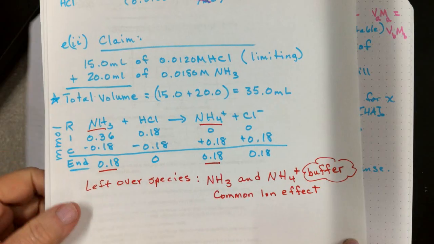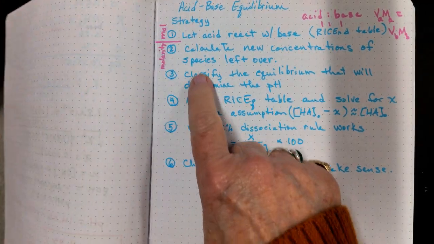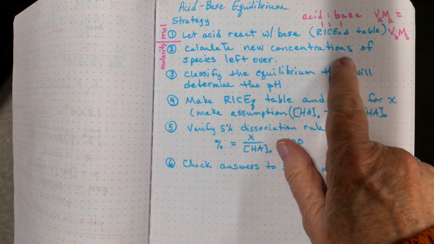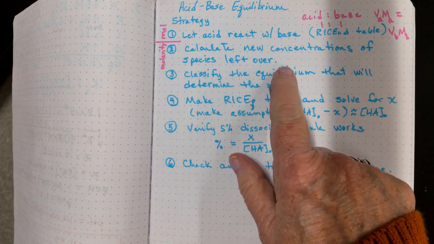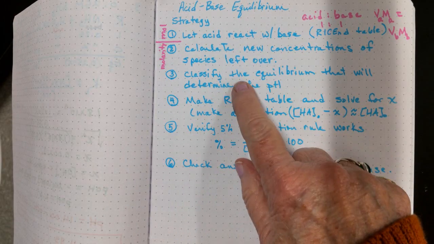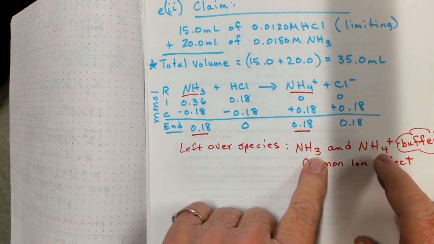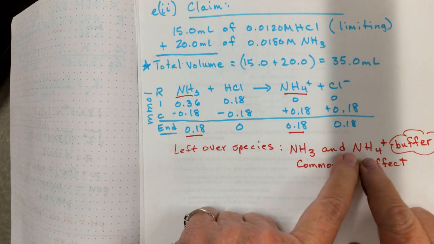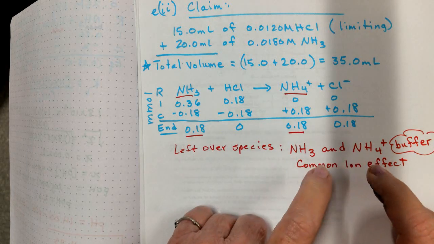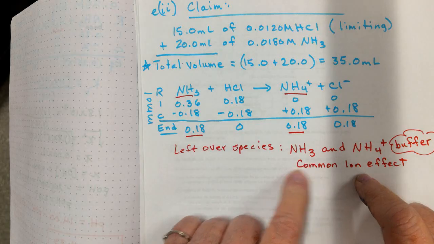All right. So where are we in our list? We haven't calculated the new concentrations, but we did let them react, and we're classifying the equilibrium that will determine the OH. So this is where we classify. We had the weak base and its conjugate left over. I know it's going to be a common ion effect.